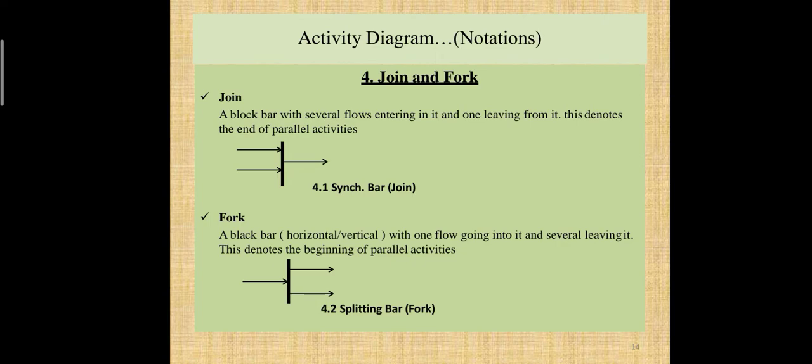Next is the fork symbol, a black bar with one flow going into it and several leaving it. That means when we have only one incoming input, on that basis we convert it into multiple paths. In that case we use this fork symbol.